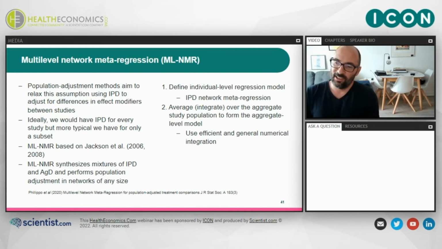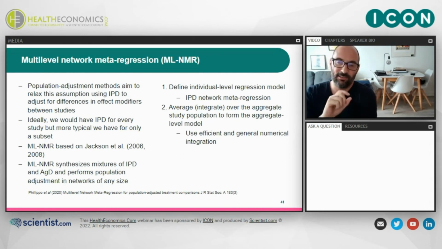It's in contrast to these previous approaches where we often plug in mean covariate values to the IPD models. Instead, the ML-NMR method embeds a probabilistic approach to population adjustment within the aggregate NMA model.